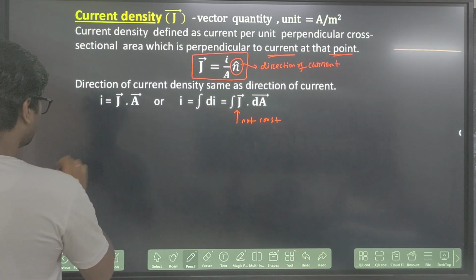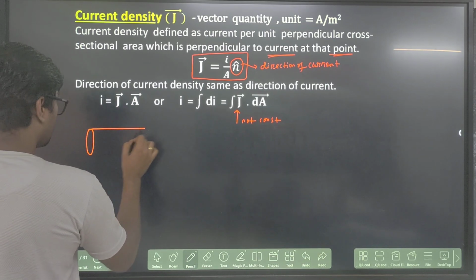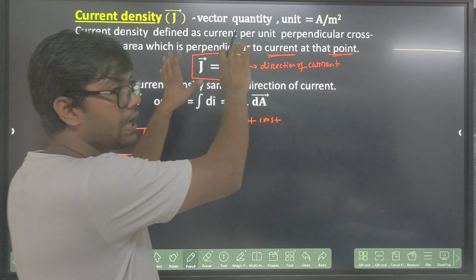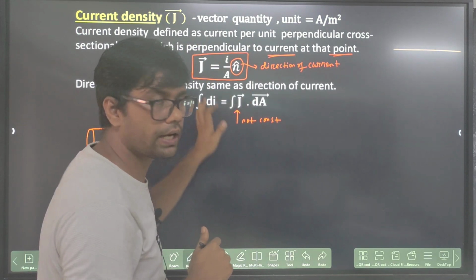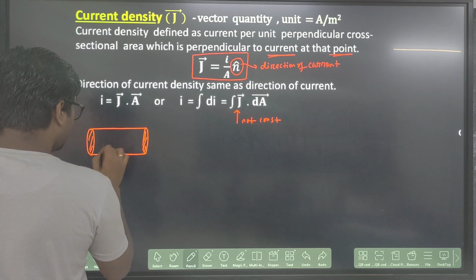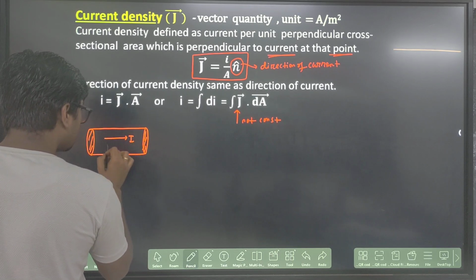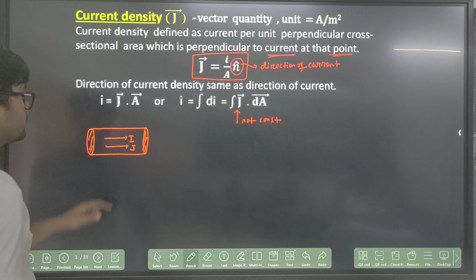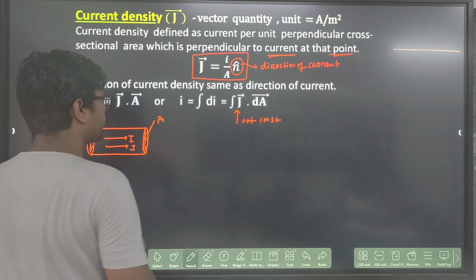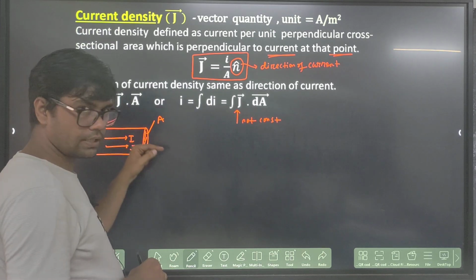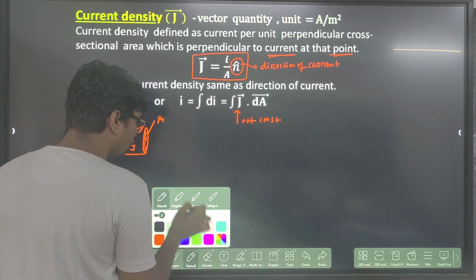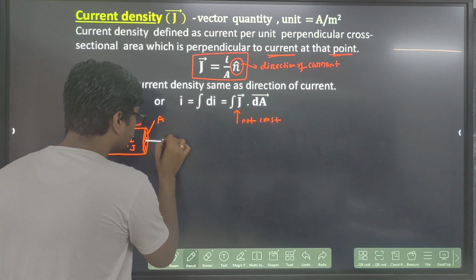Now see here, I take this conductor. Now you will understand why it is perpendicular area. So this is a conductor, and here the current is flowing along this direction, J also along this direction, because J direction is same as current, and this is the cross sectional area A. You know that direction of area will be along this direction, right?